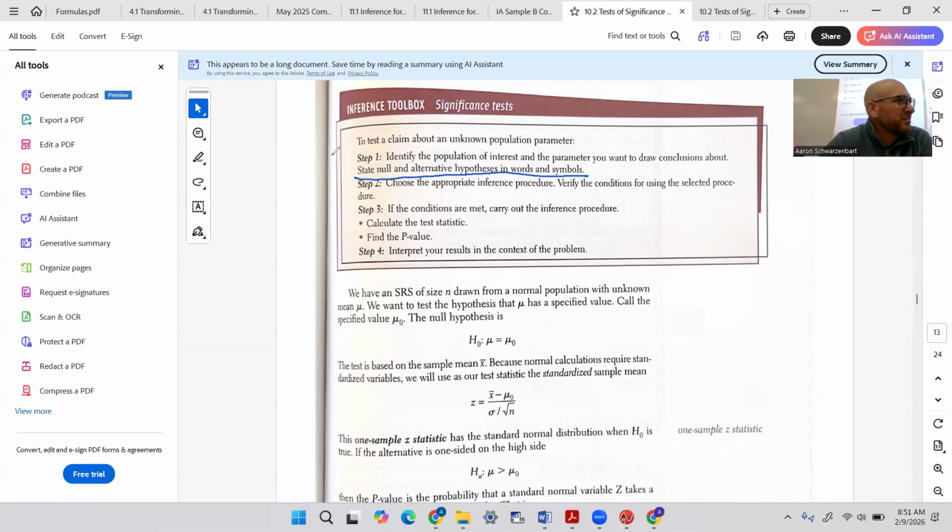That makes sense? If the conditions are met, you carry out the inference. If they are not met, because you are in a math class, you say, they might not be met, but I'm going to do it anyways.